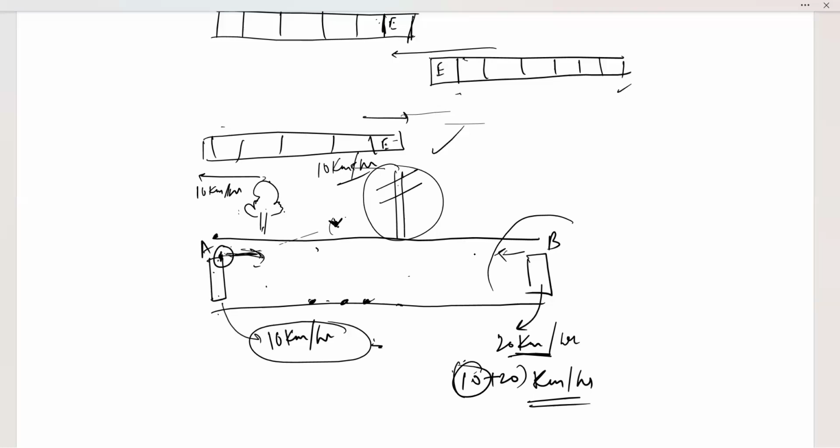So what will happen? B has its own speed of 20 kilometer per hour, and it is getting the support of the universe. The mosquito will observe that B has its own speed of 20 kilometer per hour, and the universe is also giving it a support of 10 kilometer per hour. So it is coming towards A at a speed of 30 kilometer per hour.